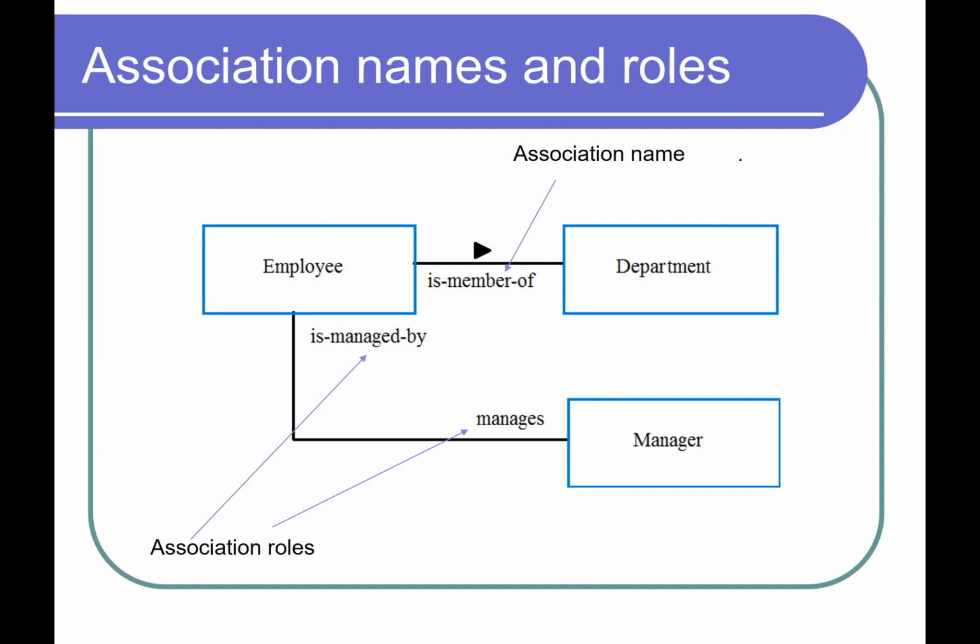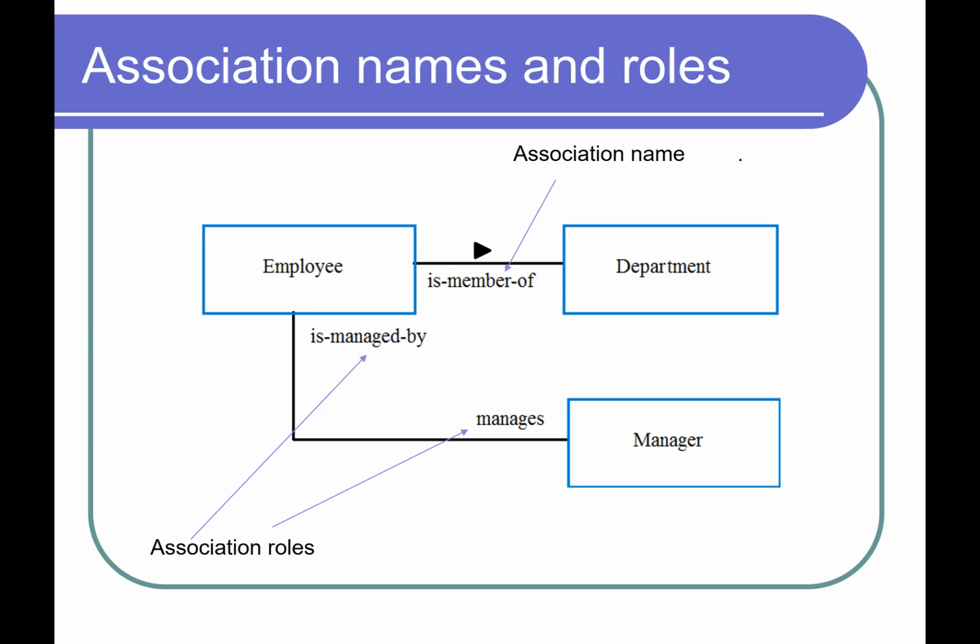So if employee was professor, and department was student, what would be a good name for that association? Teaches, okay? All right. Now, teaching doesn't define me as a concept of a professor. It doesn't define you as a concept of a student. But it's only when we get together that this teaching thing is actually happening.